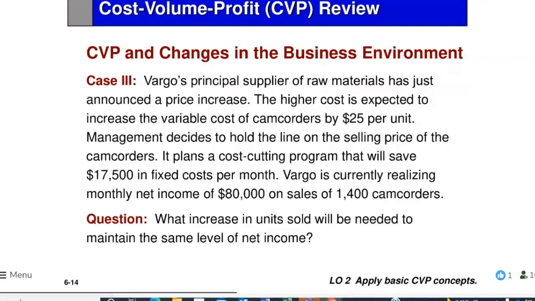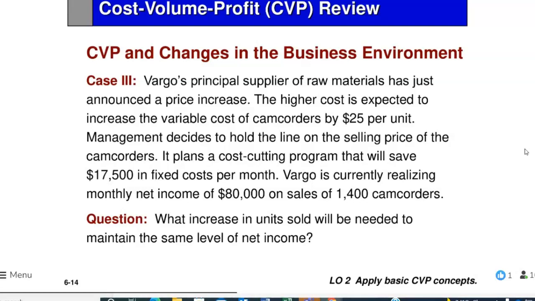Currently, we are getting a net income of 80,000 on sales of 1,400 camcorders. What increase in units sold would be needed to maintain the same level of net income? So you see, we have to bring in target net income here of 80,000. All right, so the selling price remains the same.